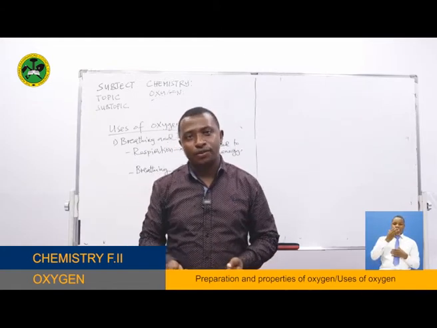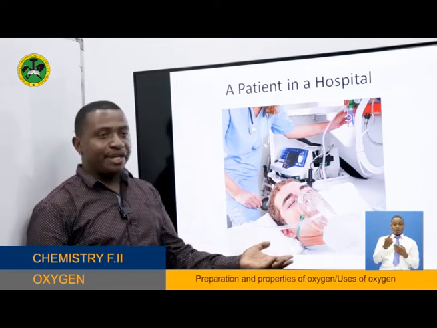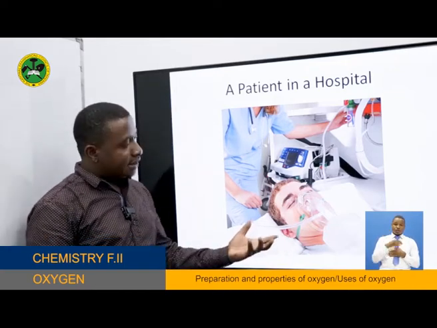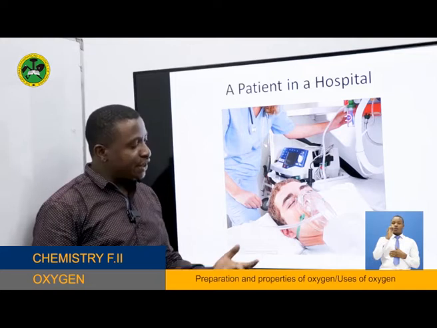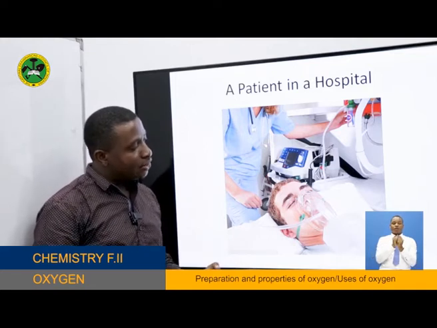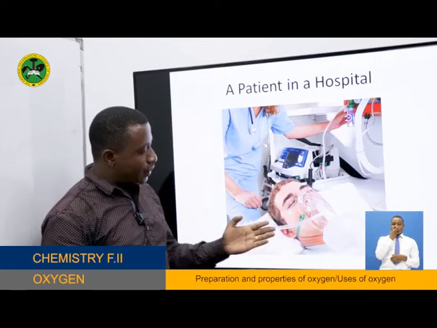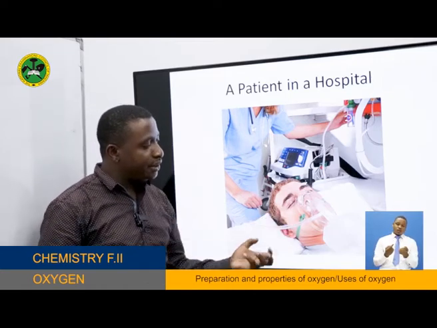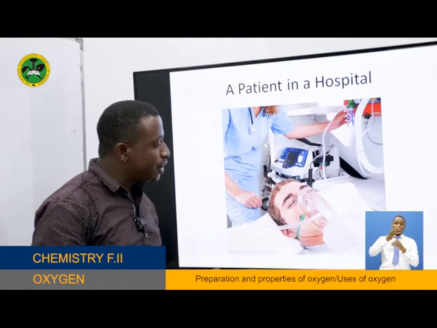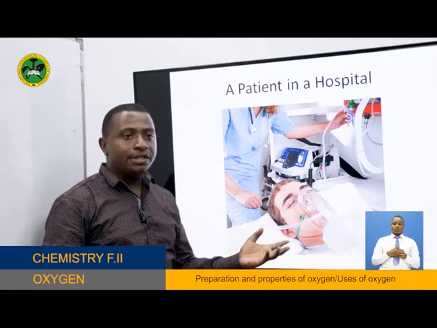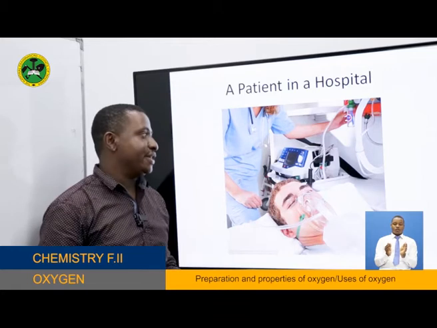They are found in hospitals. You can now see this is the patient. He's being supplied with oxygen by using the breathing apparatus. This oxygen, you can see the pipes bringing it in, is stored in oxygen cylinders.